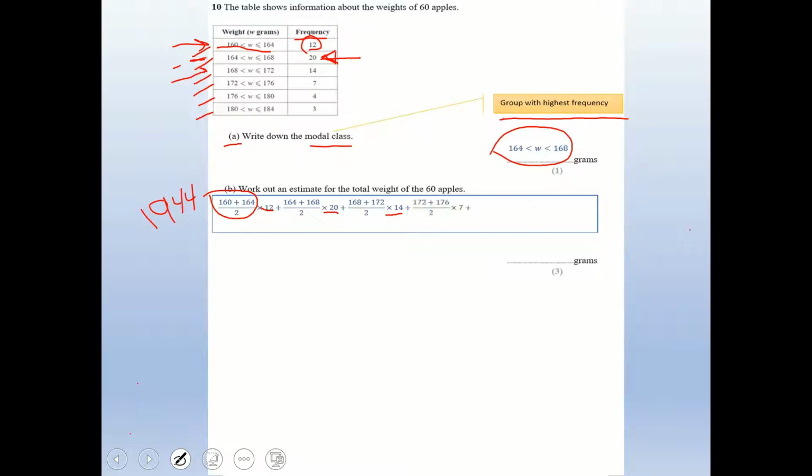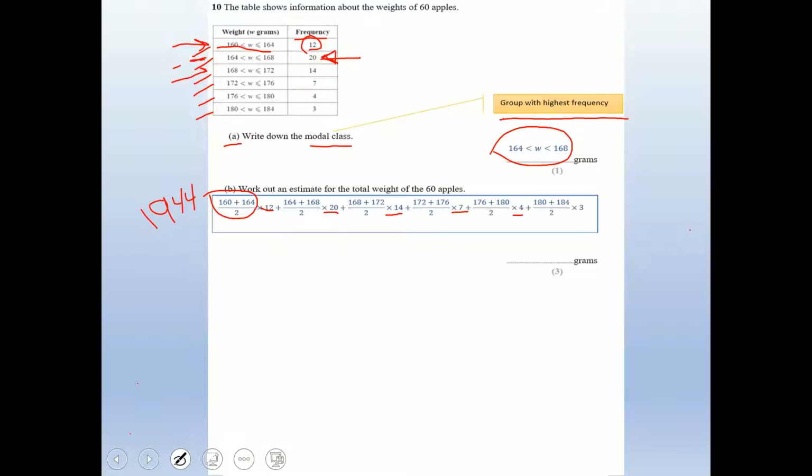The fourth group, (172 plus 176) divided by 2, by the frequency, which is 7. Plus the fifth group, whose average weight is (176 plus 180) divided by 2, multiplied by the frequency, which is 4.